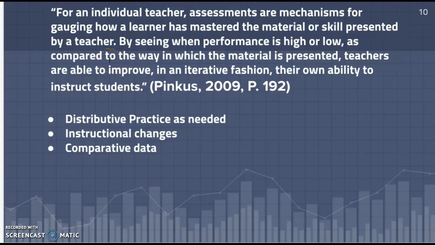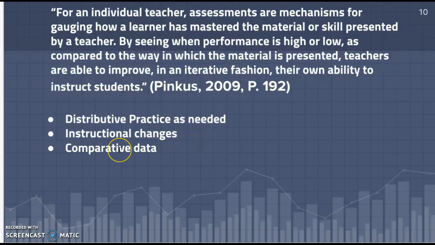And also for the teachers to reflect on their own ability to instruct the students and what areas maybe I struggled with instructional-wise that maybe impacted the scores in those areas. So this came back to just knowing those learners, doing the distributive practice if they needed help in some areas, making those instructional changes now in the year, but also in the future, and reflecting off of the scores that we received and making changes so that in the future, maybe students will not have weaknesses in the areas that they did.